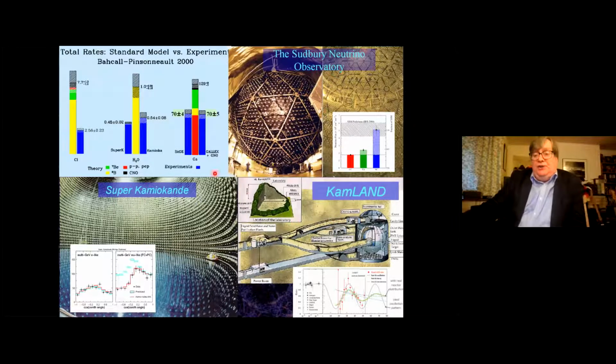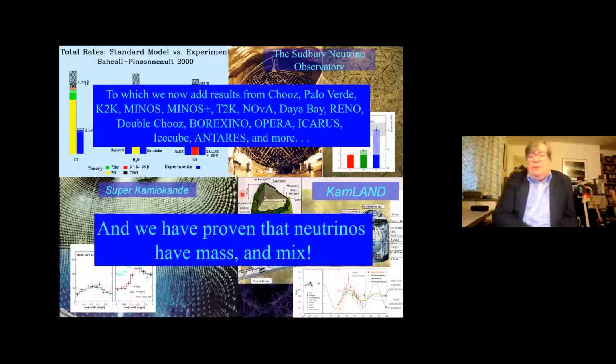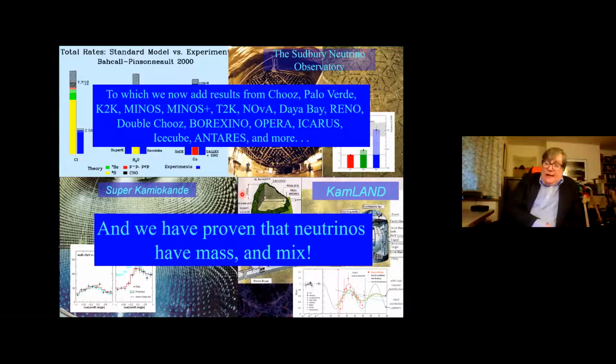The combination of all of these, now combined with a long list of other experiments, has demonstrated that neutrinos are not massless. They have mass, and they do not have a conserved lepton flavor number; they mix. And because they have a mass, they're therefore not strictly left-handed. So none of those things that were believed about neutrinos in the standard model in 1981 are true.